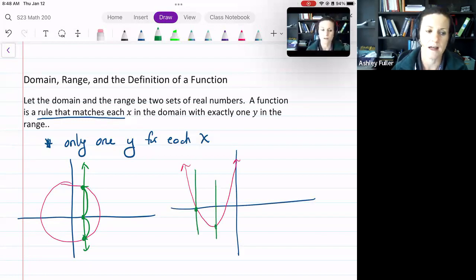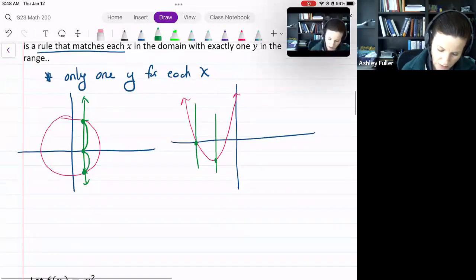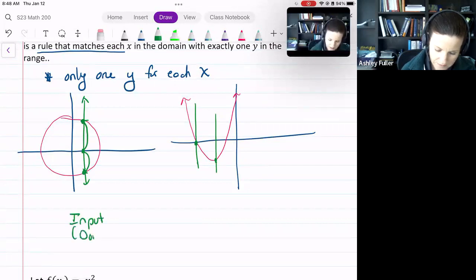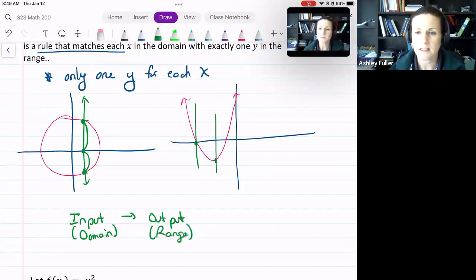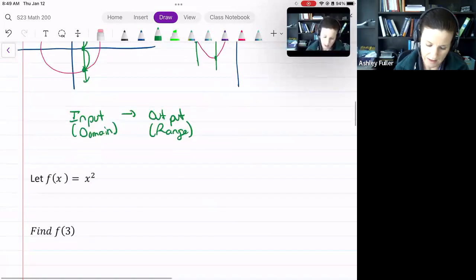There's no vertical line that hits twice. You may also hear domain and range referred to as the input is the domain, and that gives us an output, which is the range. You need to be able to calculate these values, and let's practice that.